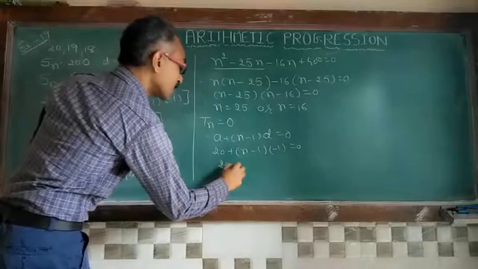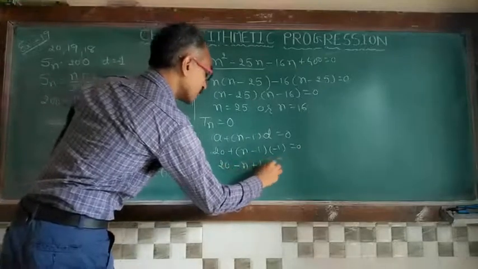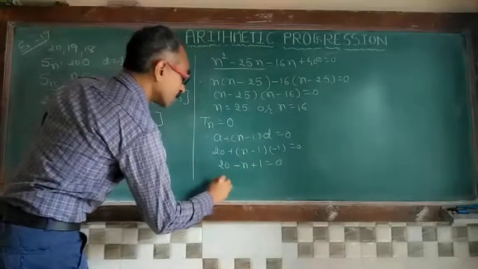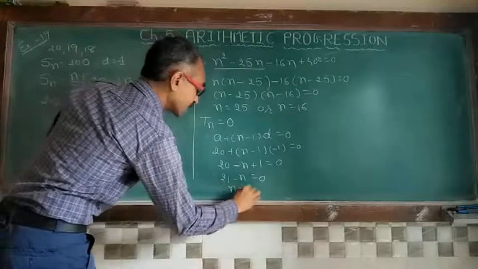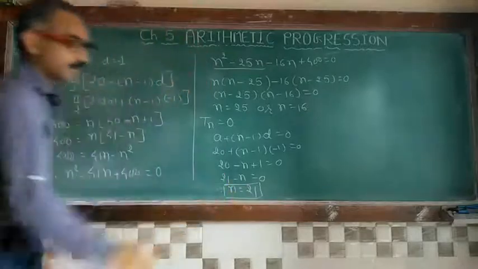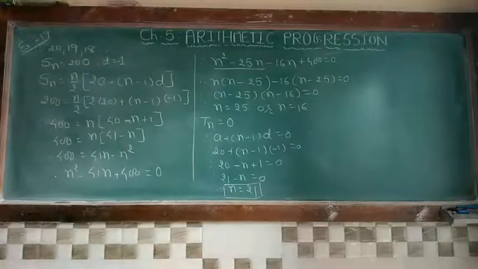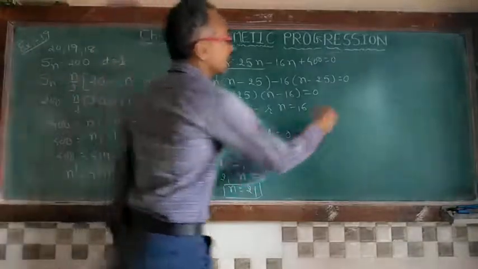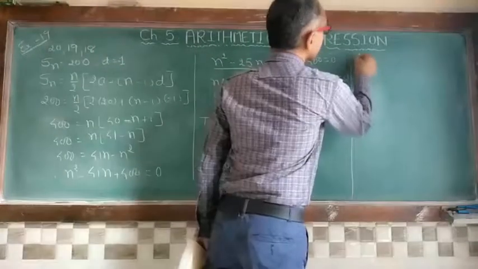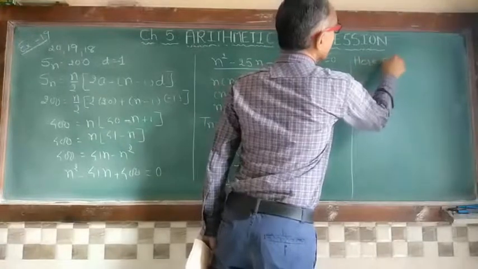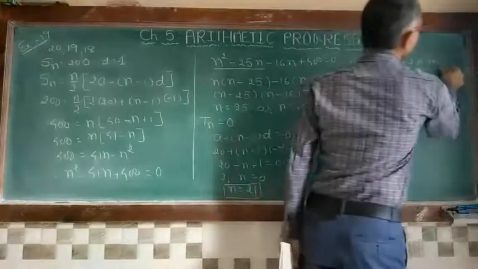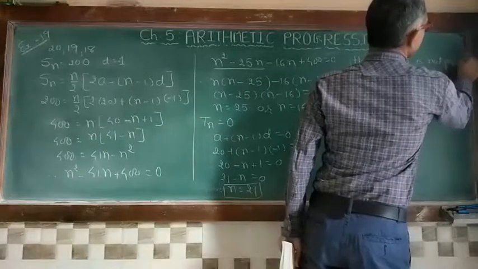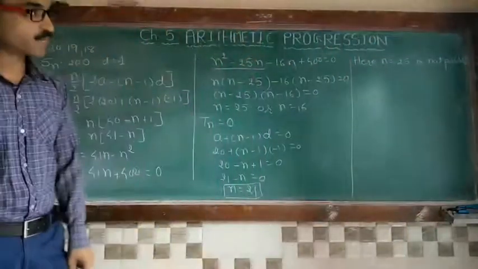So 20 minus n plus 1 is equal to 0, so 21 minus n is equal to 0. That means n is equal to 21. That means at most 21 rows are possible. So n equal to 25 is not possible.